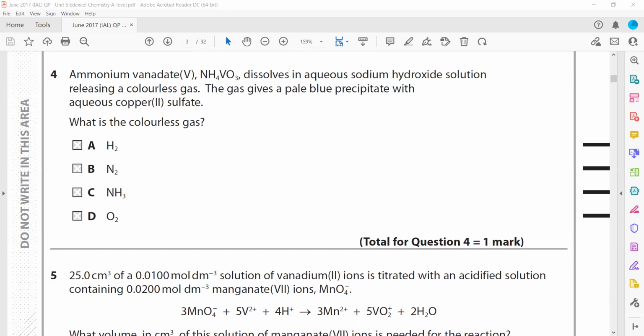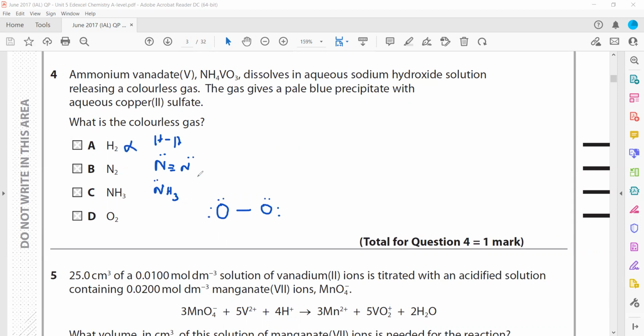So when we check which of these have lone pairs, oxygen has a lone pair, O2. Nitrogen has a lone pair, because to be a ligand, there should be a lone pair. NH3 ammonia also has a lone pair. Hydrogen does not have, so it cannot be hydrogen. So we are left with 3.